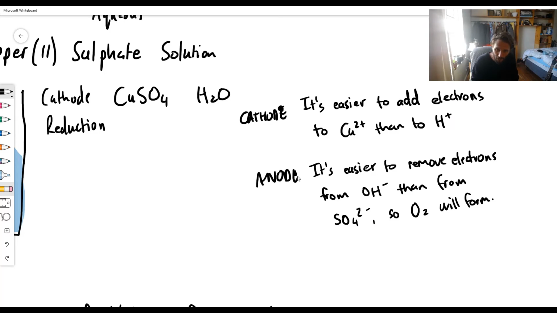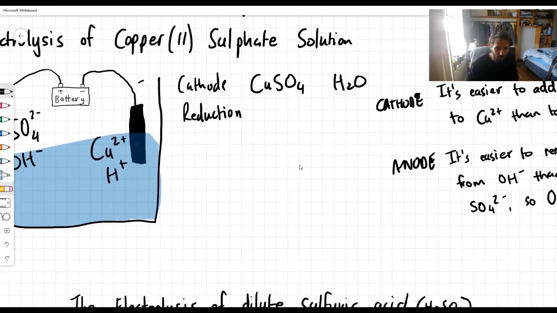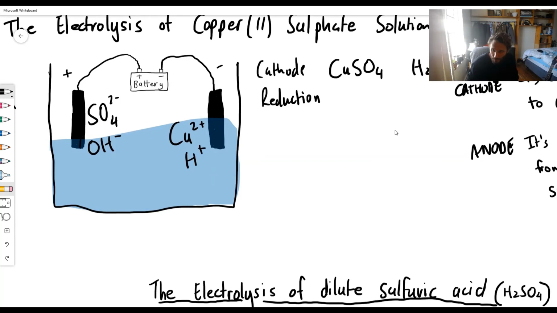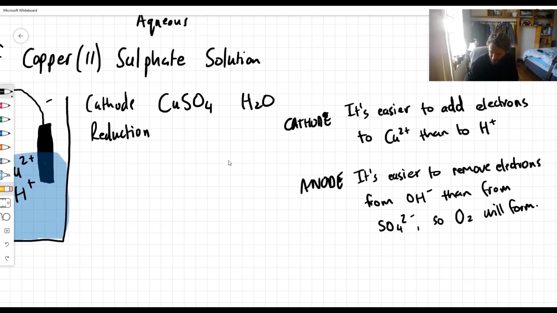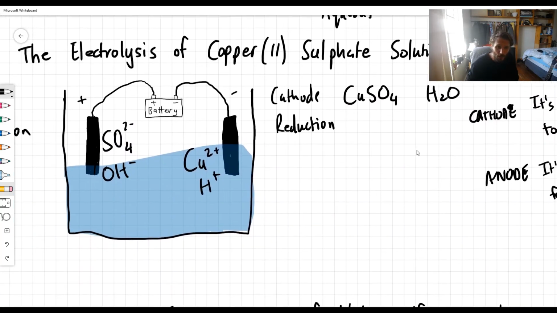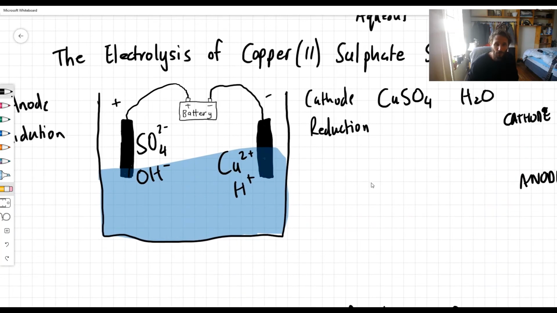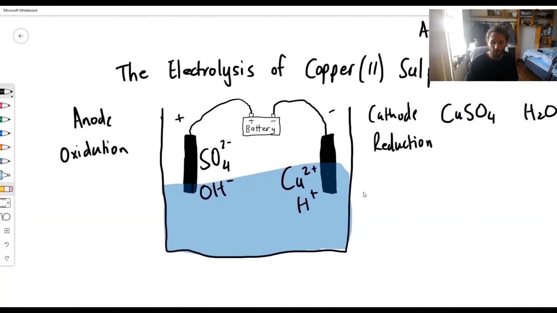Okay, so at the cathode, remember the cathode is this right-hand section over here. It's easier to add electrons to copper 2+ than to H+. So what's going to happen here is at the cathode, electrons are going to be flying out of this battery, and 2 electrons are going to join up with this copper 2+ ion.